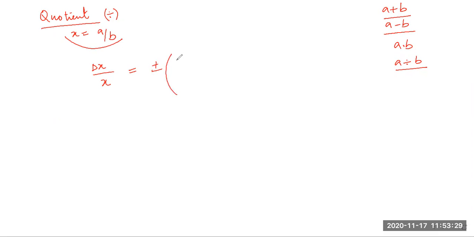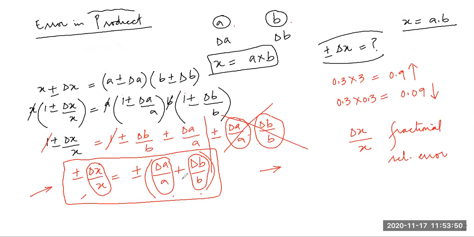It will be the addition of the fractional error in A, which is delta A by A, and the fractional error in B, which is delta B by B. Do we want to subtract them? Do we want to add them? Add them. I told you the result is the same as in the last case.